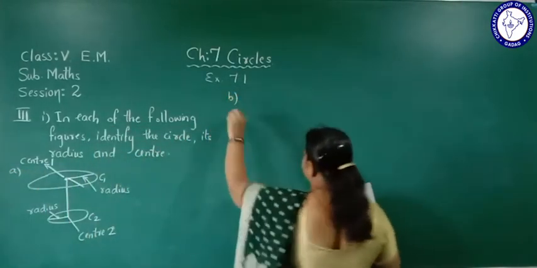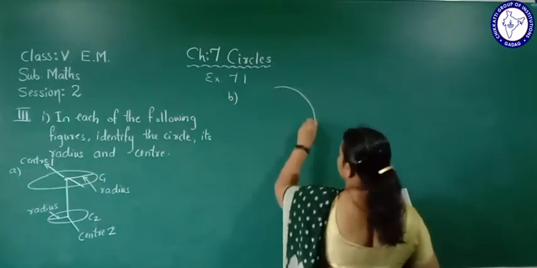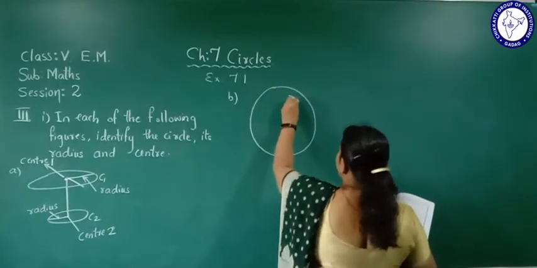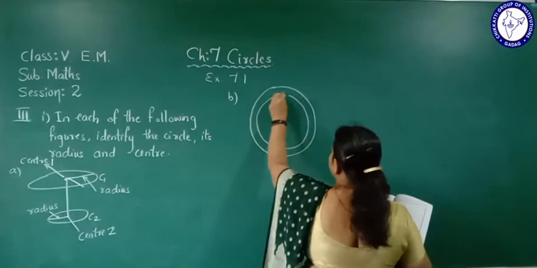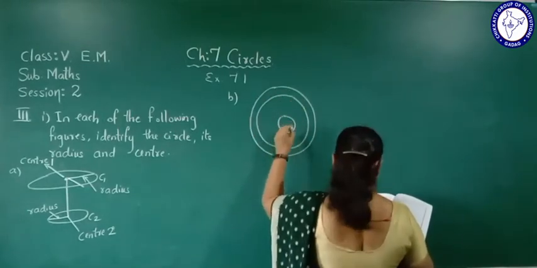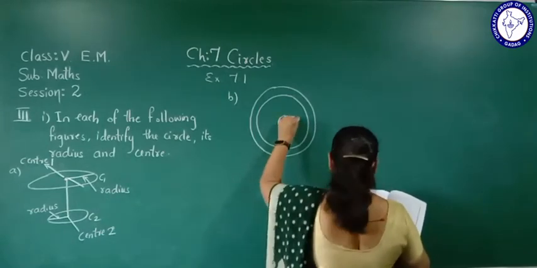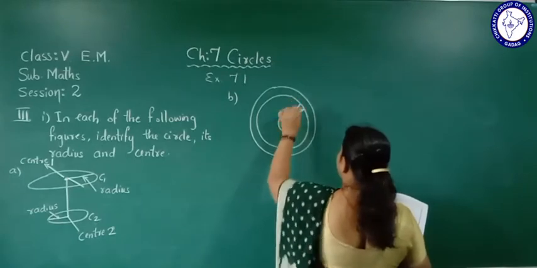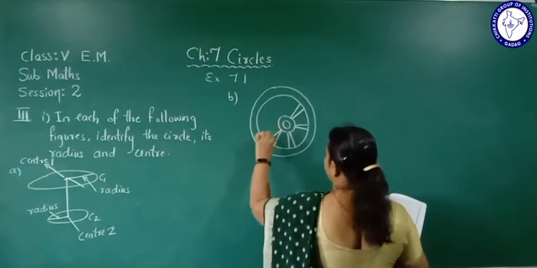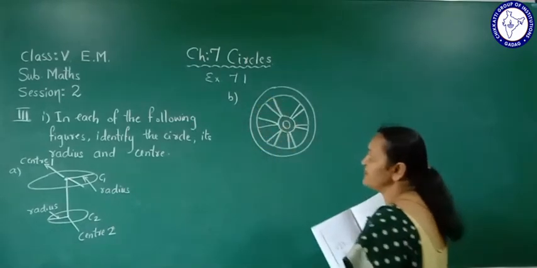Second one, here one cart wheel is given. There you find another circle. Then one small circle. This is the wheel we find.